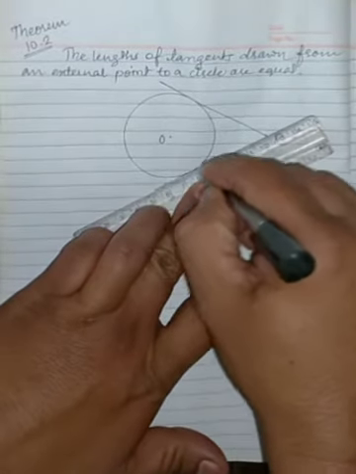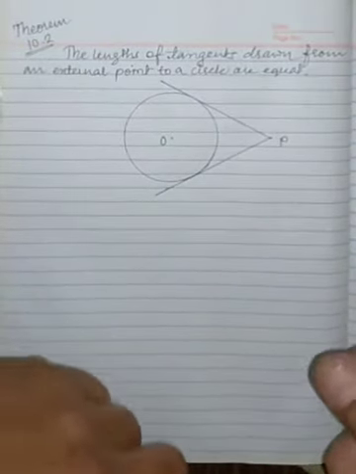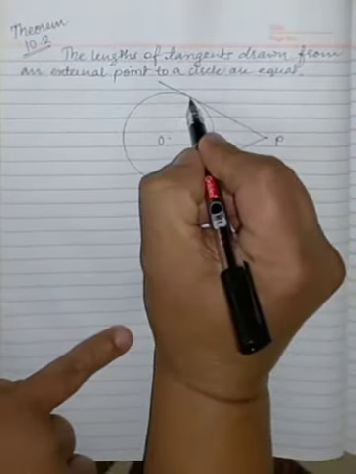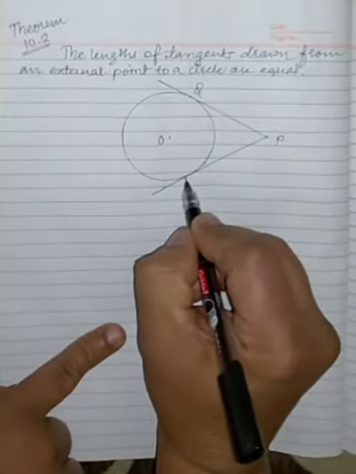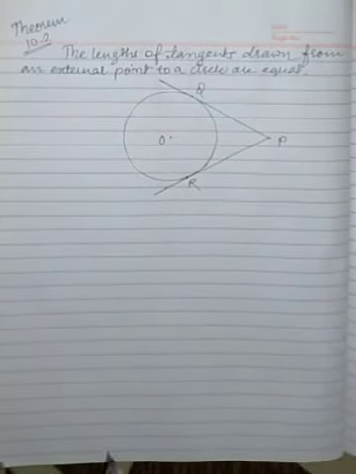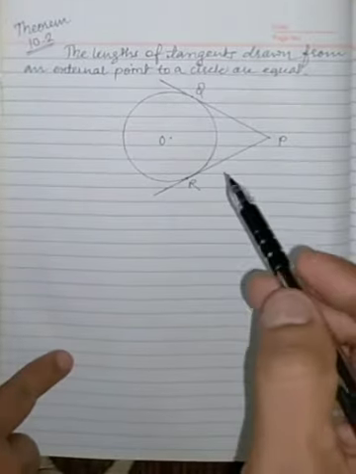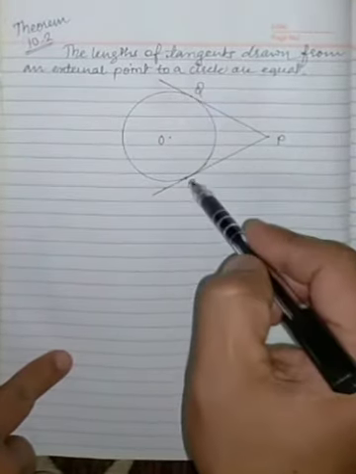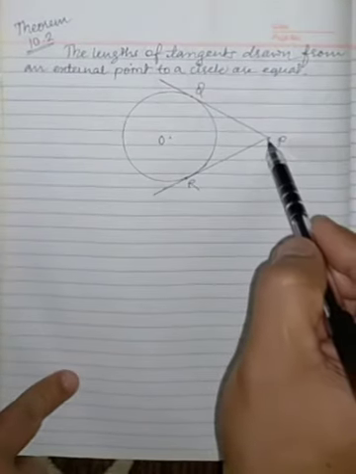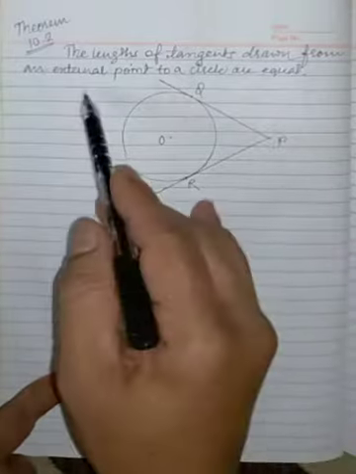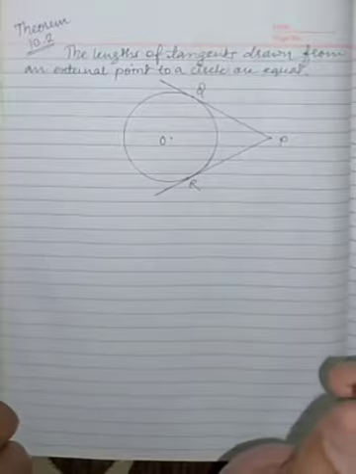So we will draw here two tangents on the circle, and let us take the points of contact Q and R. So PQ and PR are the two tangents drawn from the external point P. Q and R are the points of contact, and we have to prove that the lengths of tangents drawn from an external point P, that is PQ and PR, are equal in length.